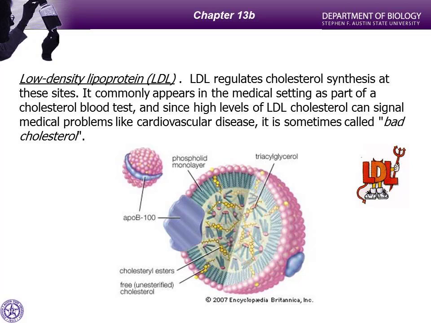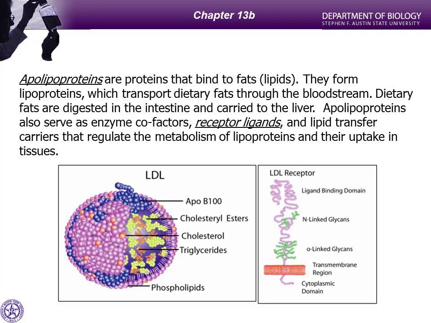Now, we call that whole package a lipoprotein. Here we see those protein zip codes, ApoA1, ApoB100. Those proteins are referred to as apolipoproteins. I know it gets a little confusing, the terminology sounding very similar.